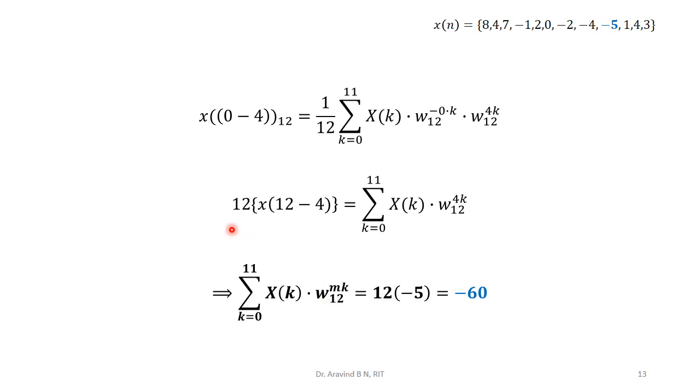This 12 is nothing but the same value 12 taken over here, of minus 5. X of minus 4 is nothing but X of 12 minus 4, which is X of 8. The X of n sequence is given. From that sequence, identify X of 8 and that value is being substituted over here. So 12 into minus 5 we are going to have minus 60 as the solution.